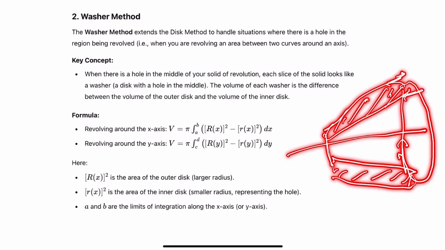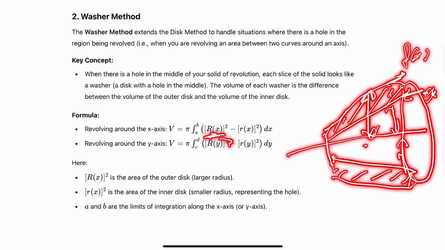So for a region between two curves, f of x and g of x, the radius is the outer curve minus the inner curve. In other words, the biggest radius minus the smallest radius.